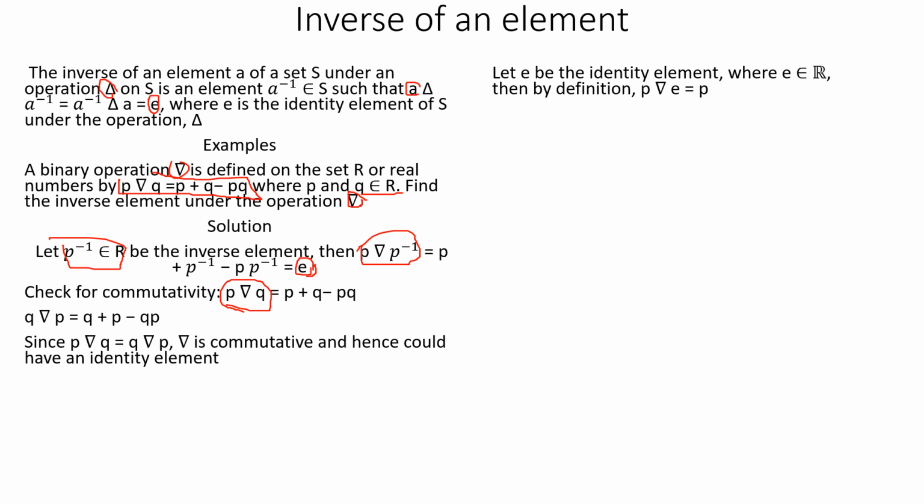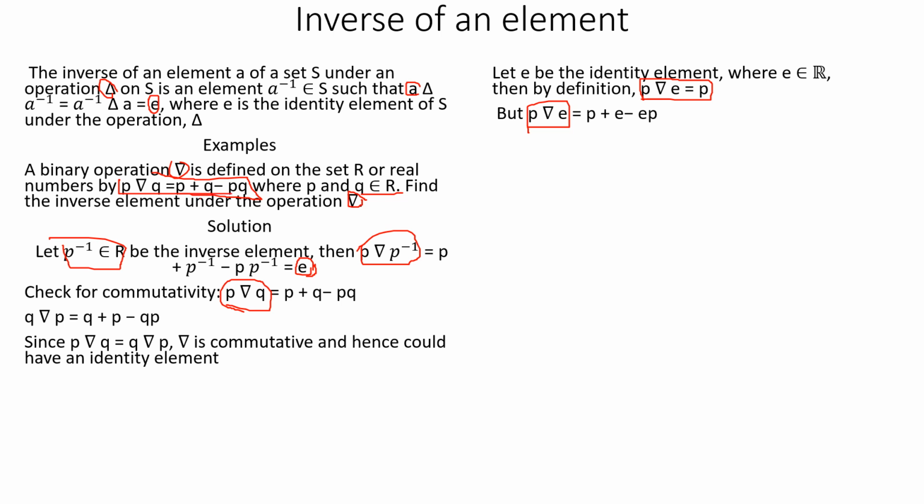To do that, we need to use our rule for the identity element. It means that P operated on E should give us what? P, right? As we learned earlier. So we substitute P operated on E into the expression given in the question.